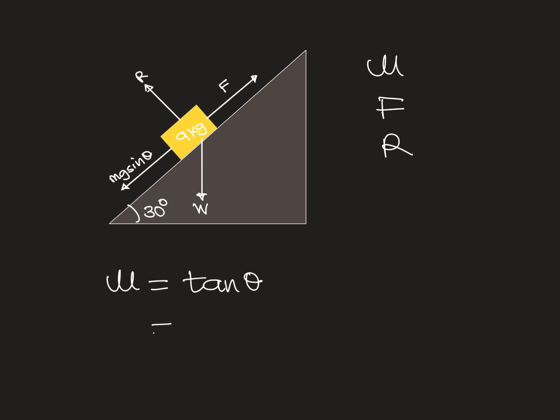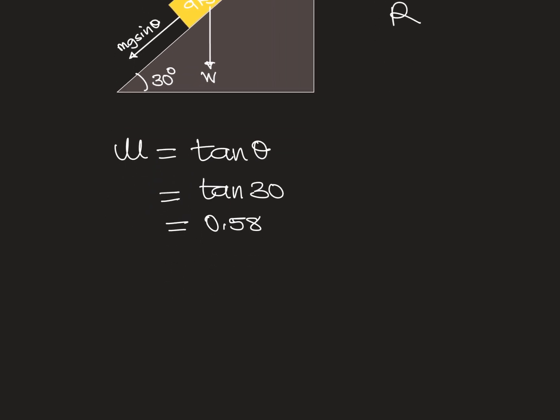We have shown how to derive that in our previous example. You can check. So if mu is equal to tan theta, the coefficient of friction will be tan of 30 degrees. So what is tan 30? That is 0.58. Okay, that is the coefficient of friction.